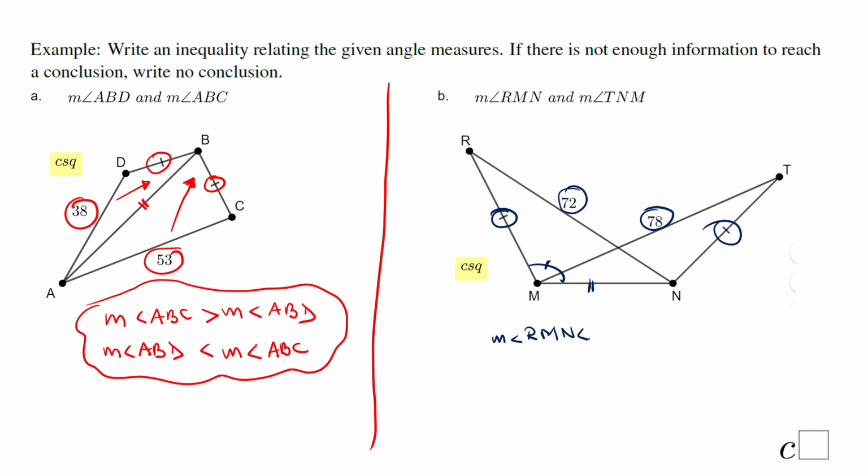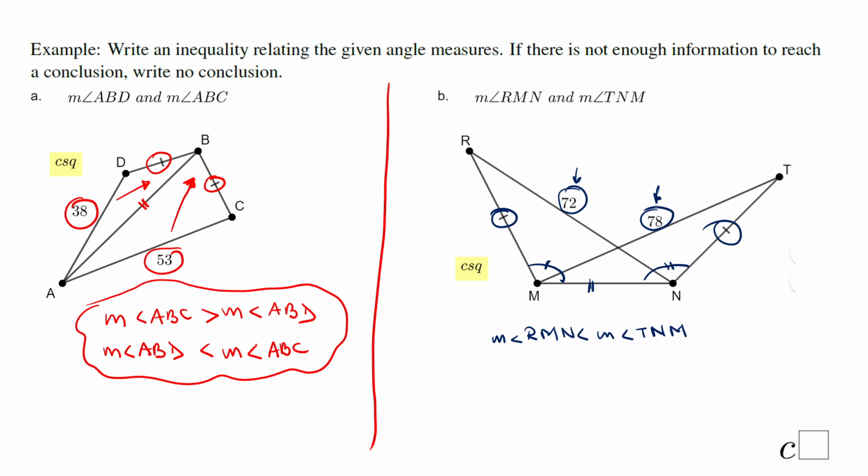Less than the measure of angle TNM. Why? Because we can apply the converse of the Hinge theorem, the side inequality theorem, and we notice this is 72, which is less than 78.